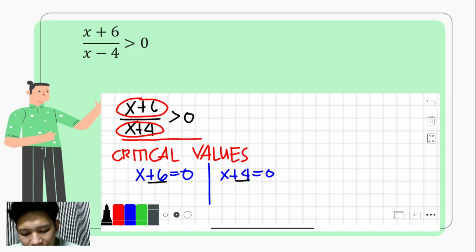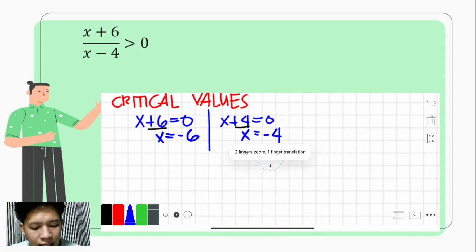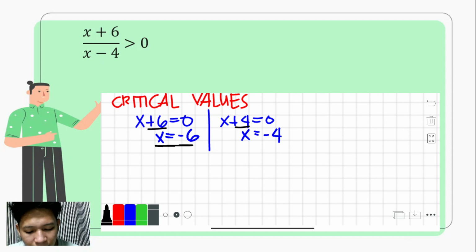So meaning, the value of x or the critical values that we are looking for are negative 6 and negative 4. So ito po yung ilolocate natin sa ating number line. Si negative 6 at si negative 4.